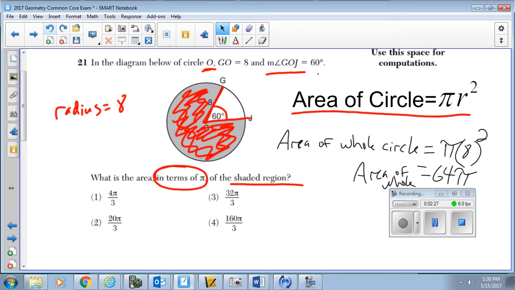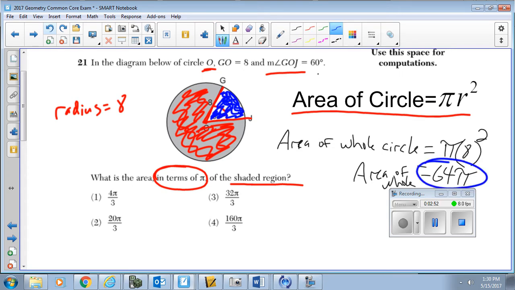So what we really need to do is figure out what is this area of what I'm about to shade in blue, what's the area of this sector, or this part, and if I can find that area and then take it away, I'll be left with the red part. Or if I find the area of the blue part, and take that away from the whole area, which is the 64 pi, what I'm left with will be the area of the red.